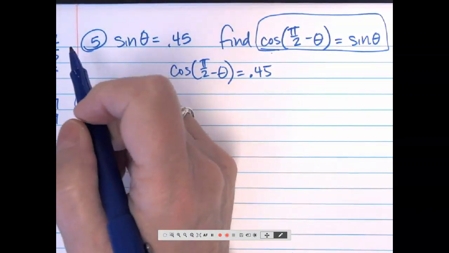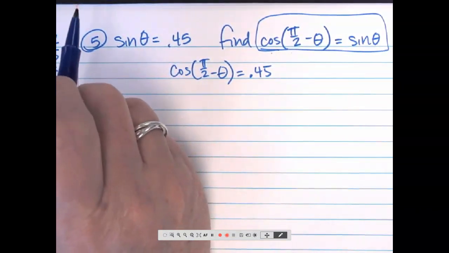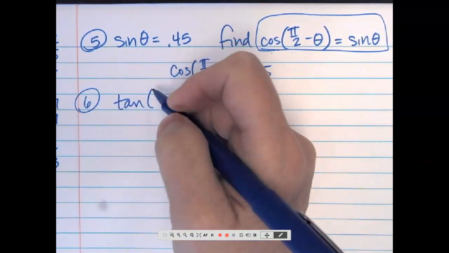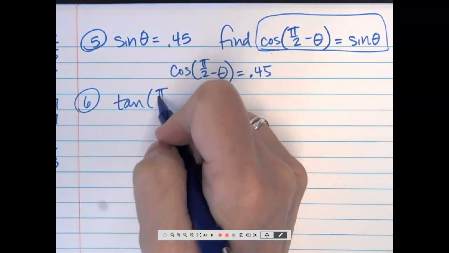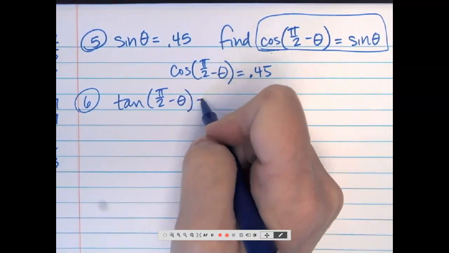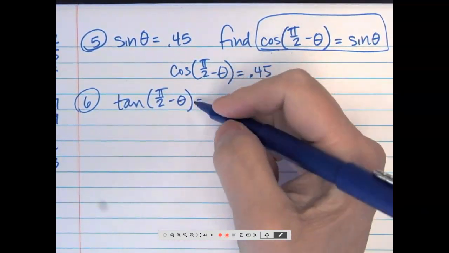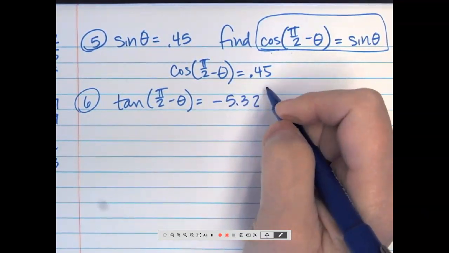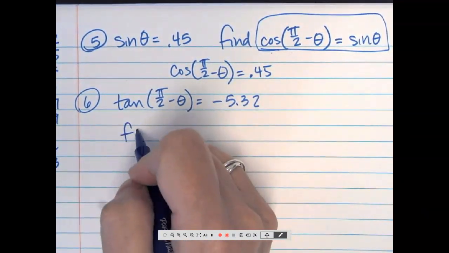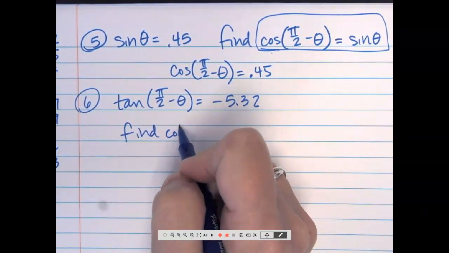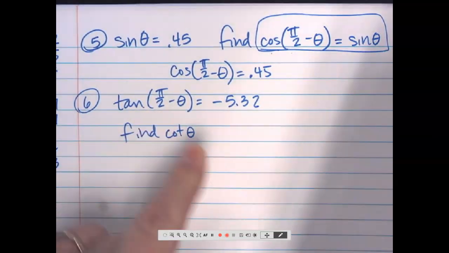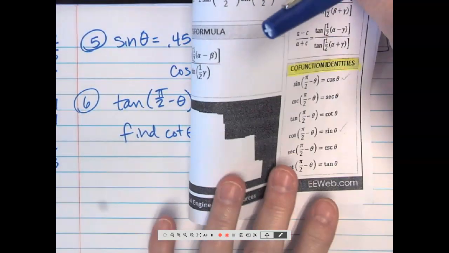All right, number 6 is similar. It tells us that tangent pi over 2 minus theta is equal to negative 5.32, and we want to find cotangent. Okay, so let's go to that same box of identities.